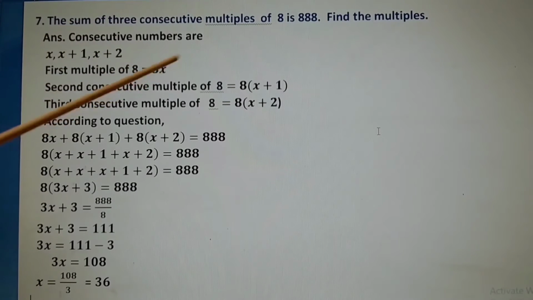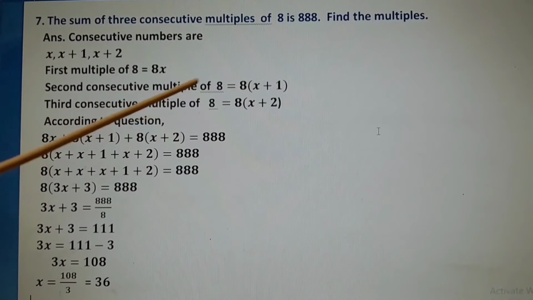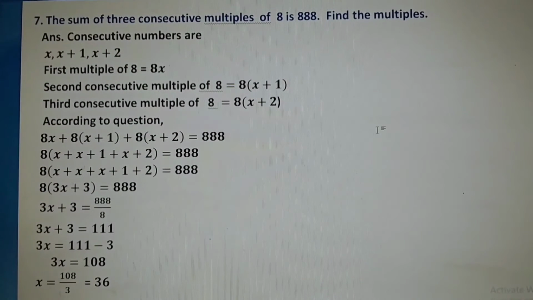The second consecutive multiple of 8 is 8 into x plus 1. The third consecutive multiple of 8 is 8 into x plus 2. According to the question, the sum of 3 consecutive multiples of 8 is 888. That is 8x plus 8 into x plus 1 plus 8 into x plus 2 equals 888.